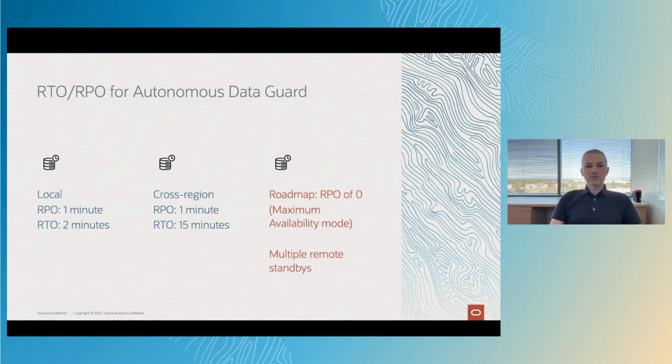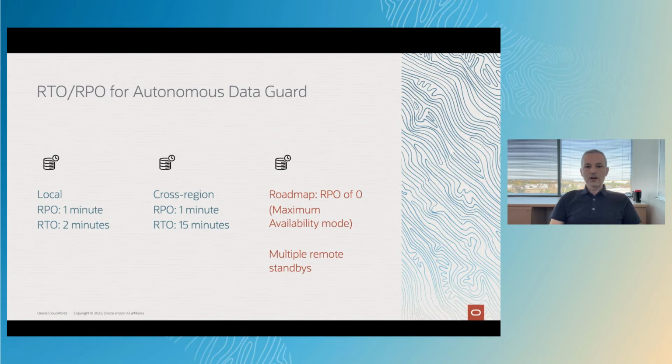Being a fully managed cloud service allows us to do things that we cannot do on-prem because we control and manage the infrastructure for Autonomous Database. We are working on a recovery point objective of 0, which means no data loss configuration.